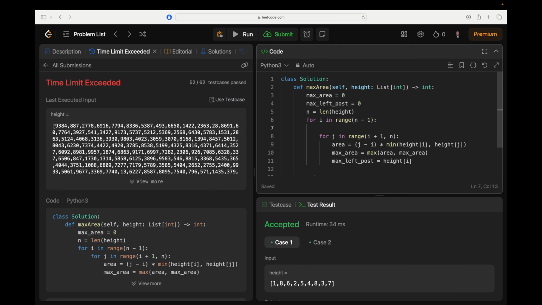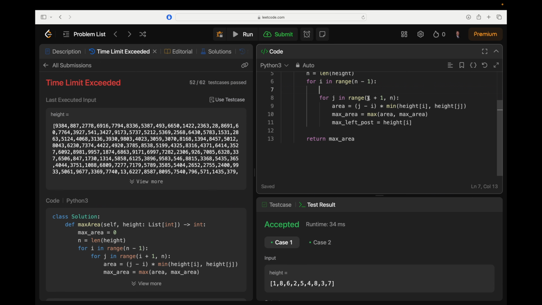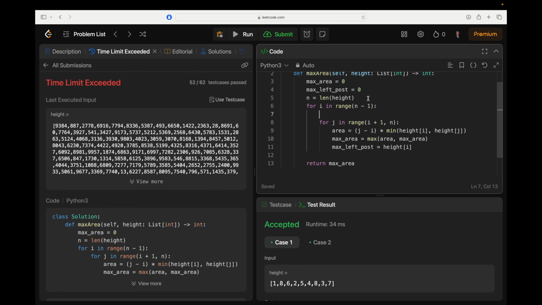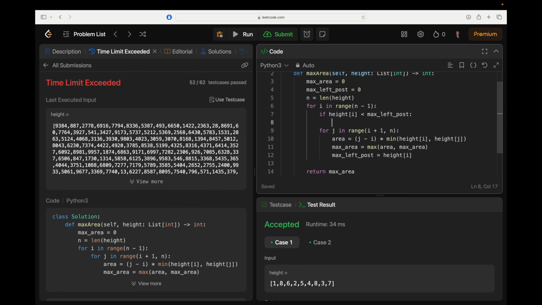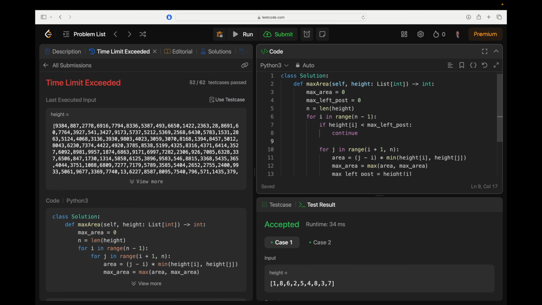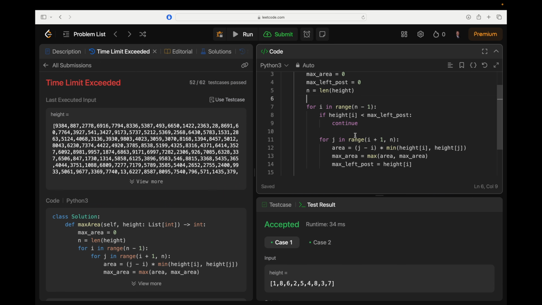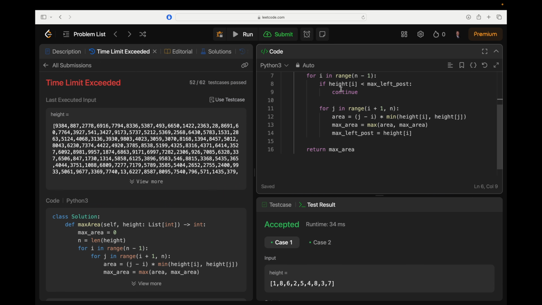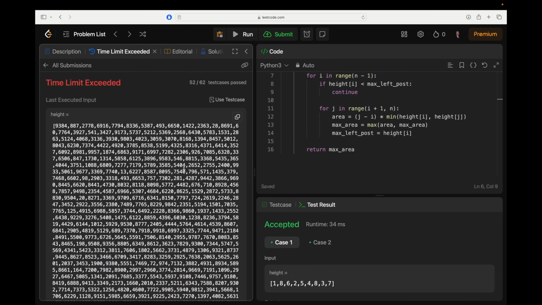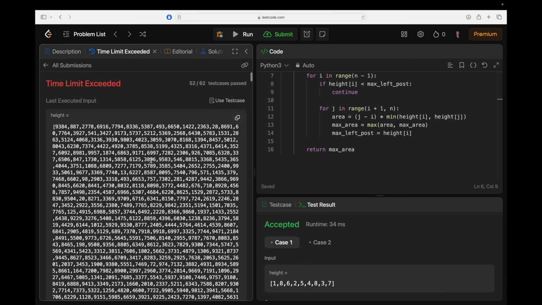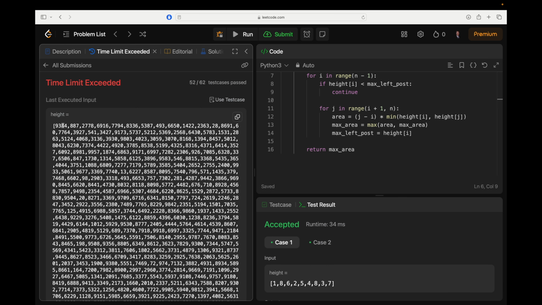And then before we even bother going through the rest of them, we're going to say, if height i is less than max left post, continue. So continue, quick keyword. I don't know how kosher it is, but just as a way to continue on to the next loop. I think that makes sense. There's probably more things I can lop off, but I think that makes sense.